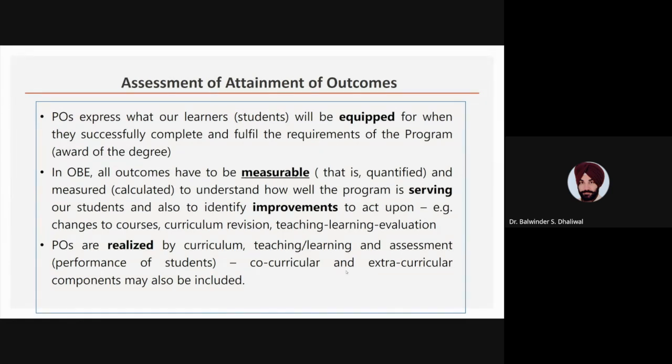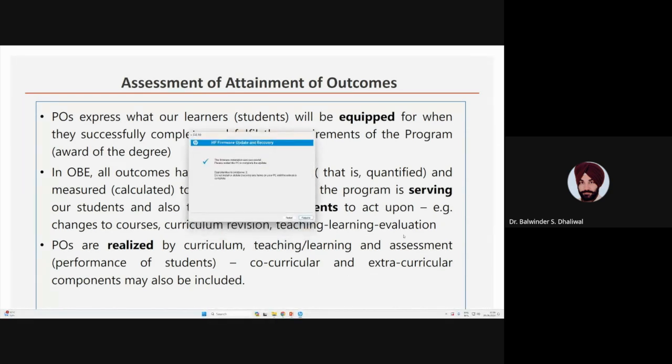If after measuring we find that certain outcomes are not achieved, then how do we improve our teaching learning activities, and the program as a whole, so that we can achieve the desired outcomes? There can be changes to courses, curriculum revision, or teaching learning modification. Different activities we can focus upon based upon our measurements and analysis of those measurements.